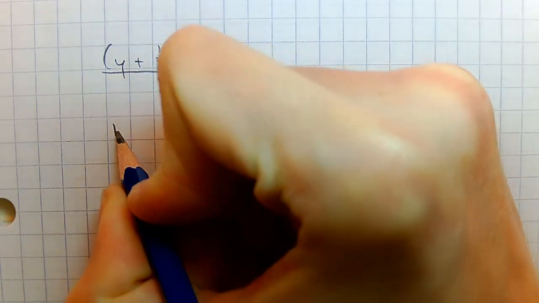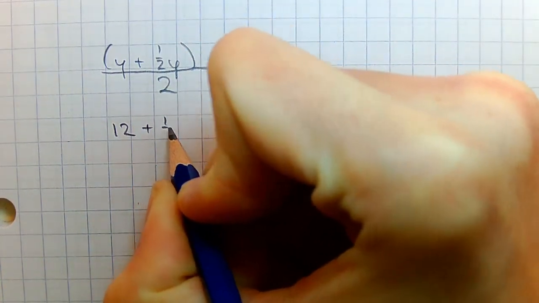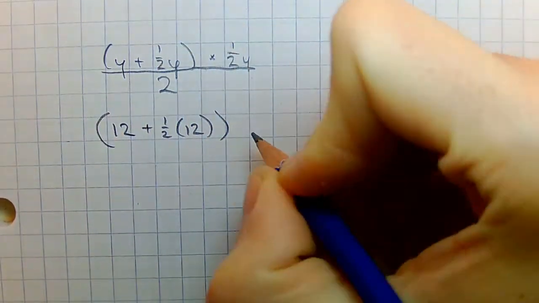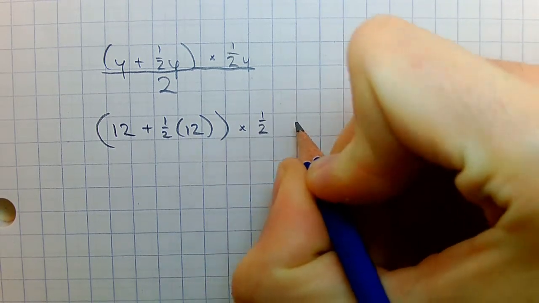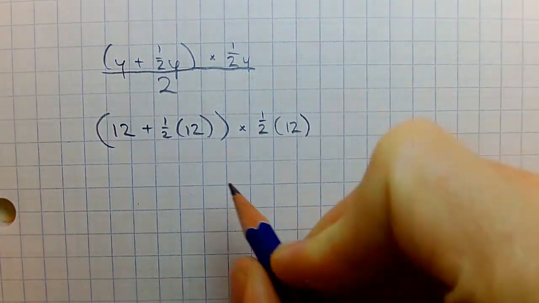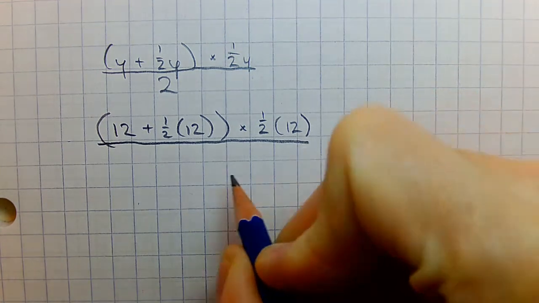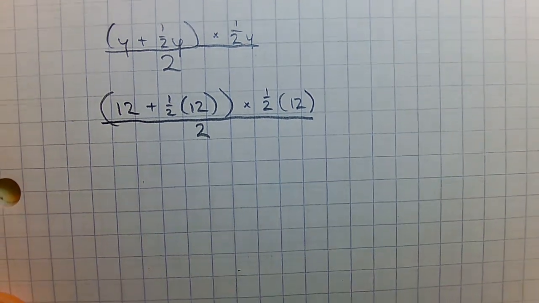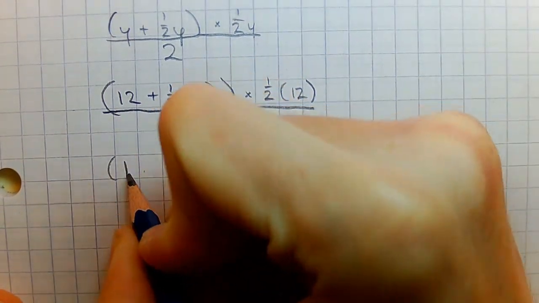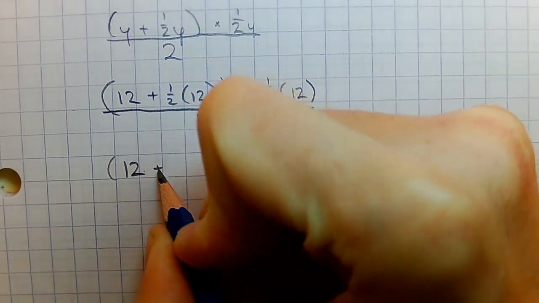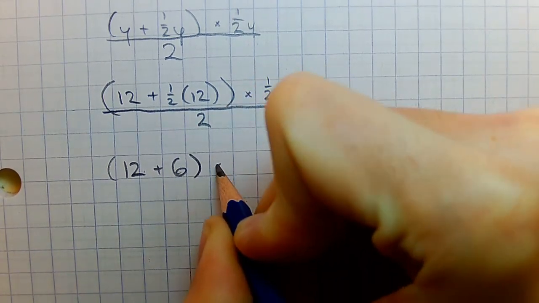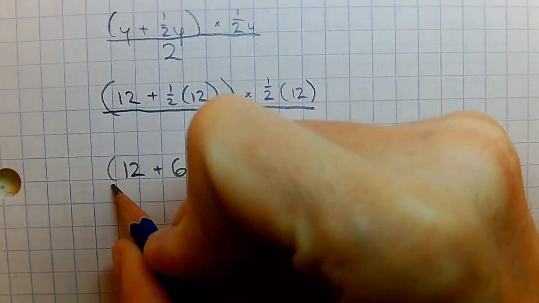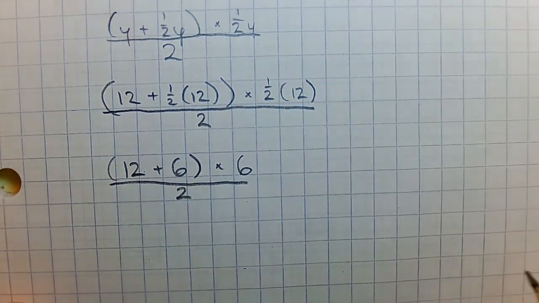So I can write 12 plus 1/2 of 12 times 1/2 of 12, and that whole thing is divided by 2. This is now something that we can simplify because we know 12 plus 1/2 of 12 is the same as 12 plus 6. Multiplied by 1/2 of 12 is 6. And that is all divided by 2.